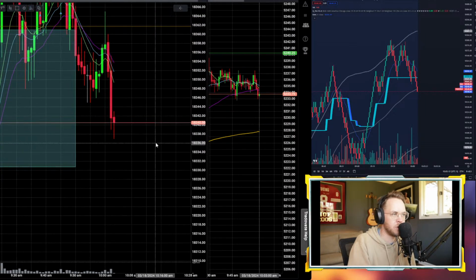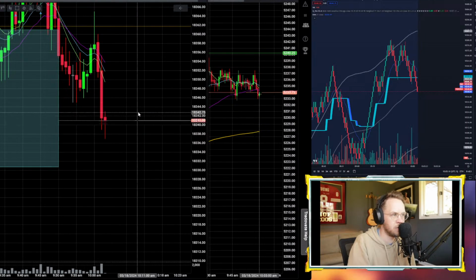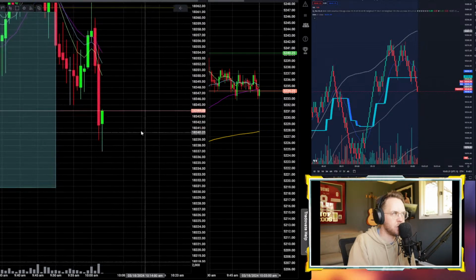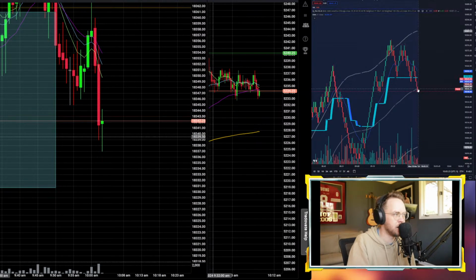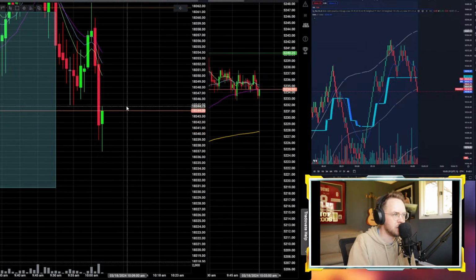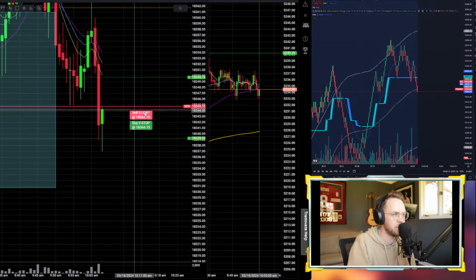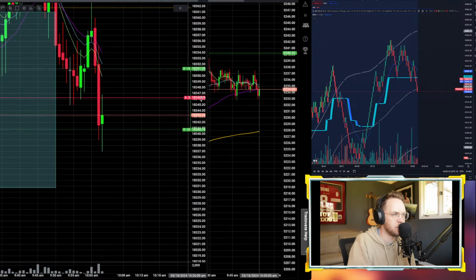All right, I'm going to stop talking because we're getting some good volume right now. I might look for a short here off of this Q band here at 42.50. Let's see. Yeah, I'm going to take this. See if we can rerun the lows of this last candle.